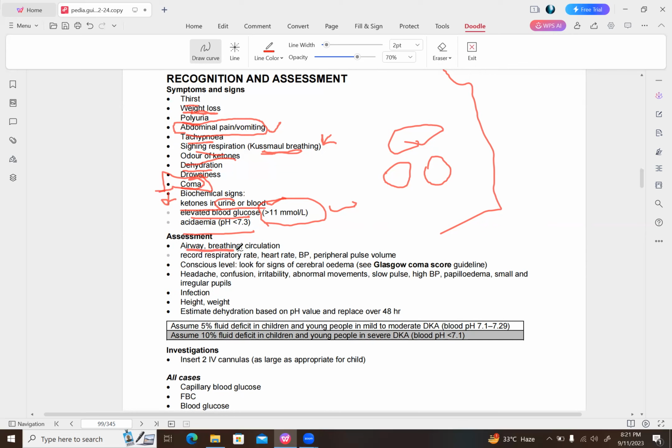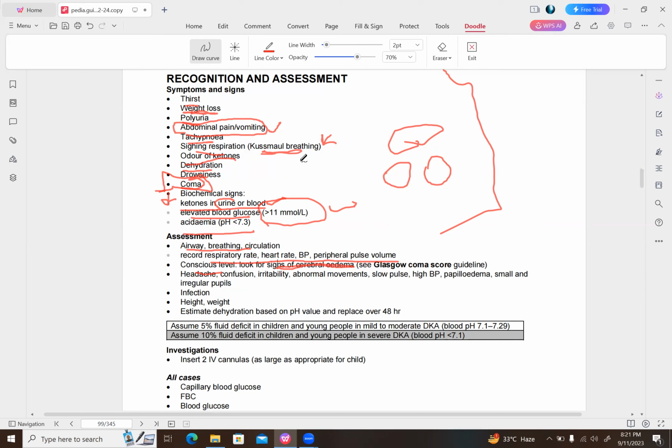I check the airway, breathing, circulation. I record all the vitals, the pulse, heart rate, respiration rate. I will look for the conscious level and signs of cerebral edema. Why cerebral edema? Because sometimes this happens with gastroenteritis, vomiting and diarrhea.